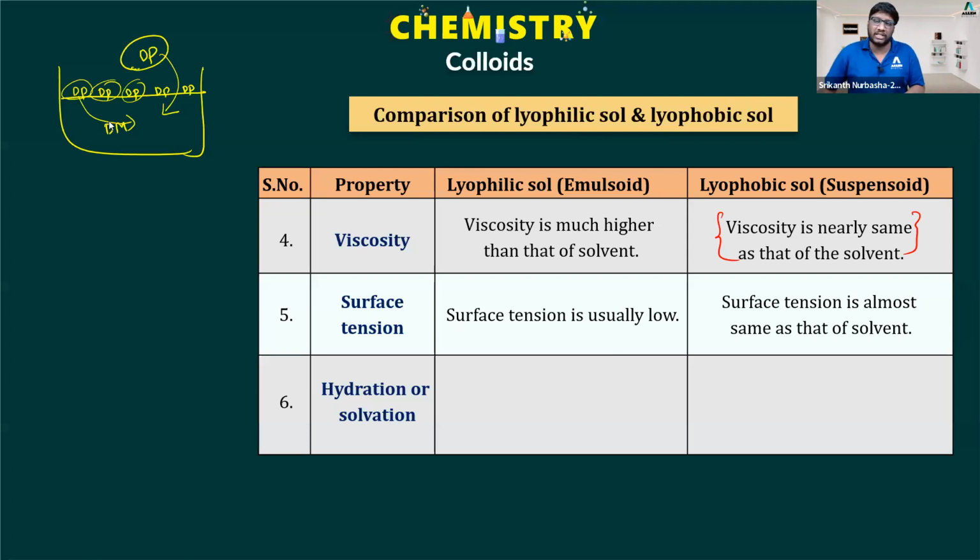Why is viscosity higher? Because the ability to flow has decreased. Why is the surface tension decreased? Because the dispersion medium particles present on the surface come inside to develop new interaction with the dispersed phase.